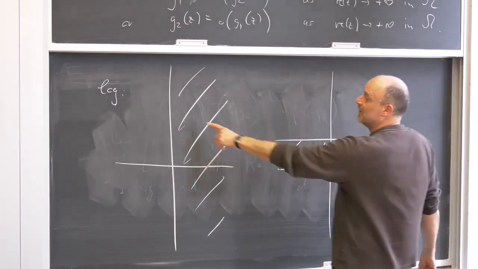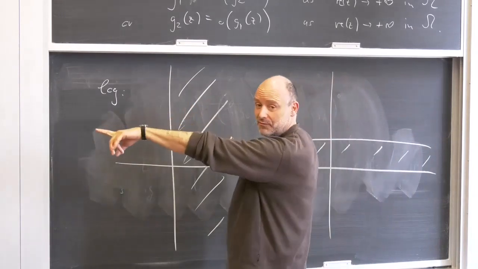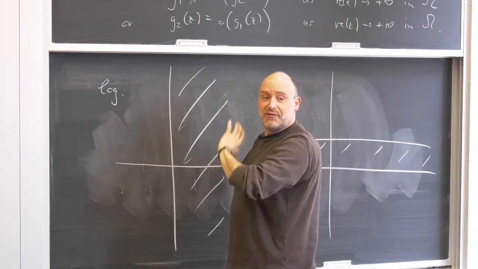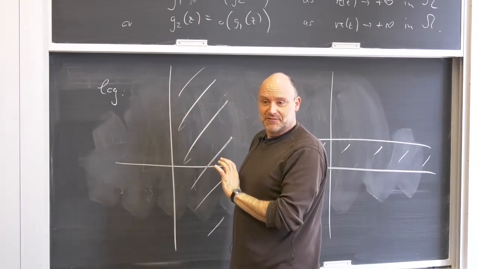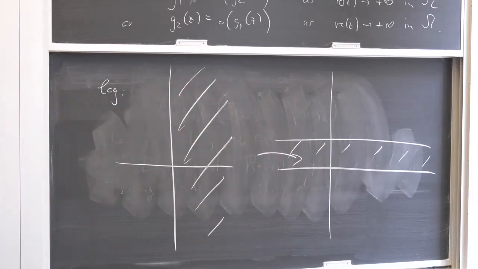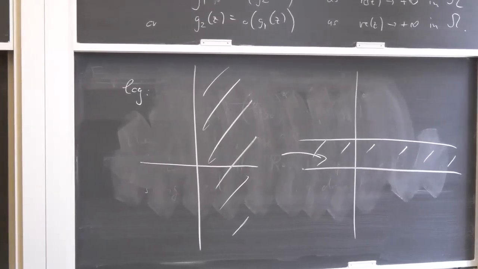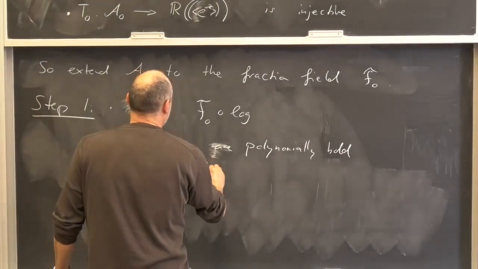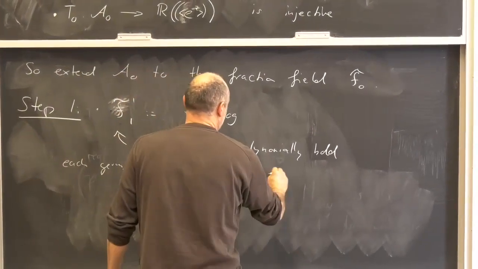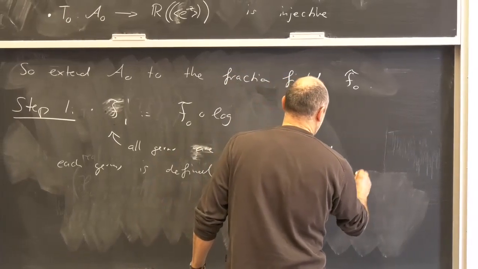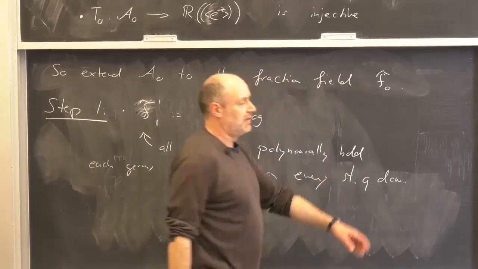Which means if I plug in the logarithm on the right, all these terms in F1 prime are still defined at least on a standard quadratic domain. So it's defined on even bigger sets. Each term is defined on every standard quadratic domain, at least in the sense of germ.